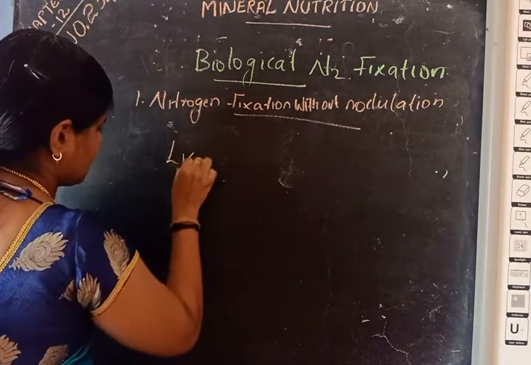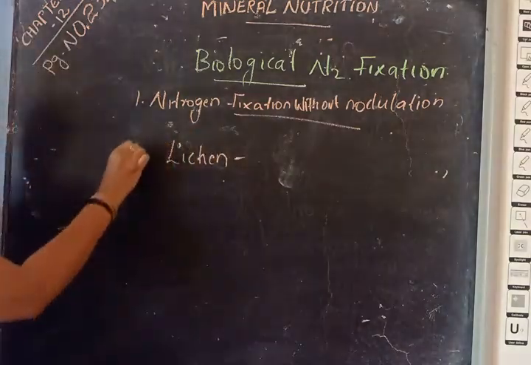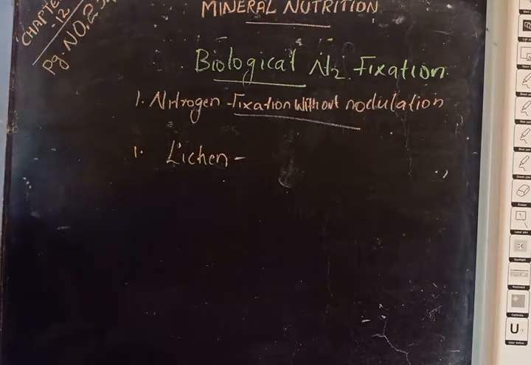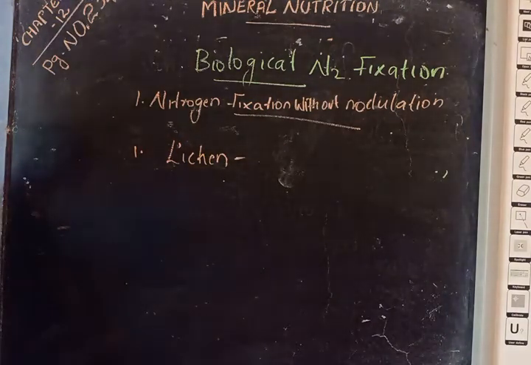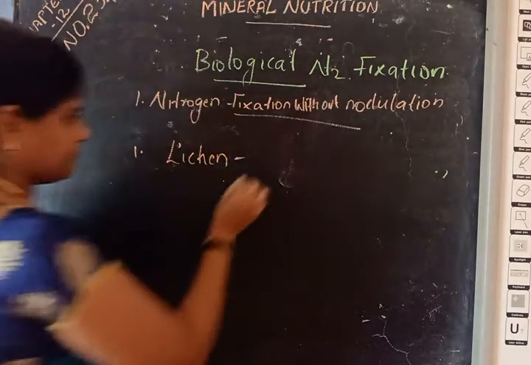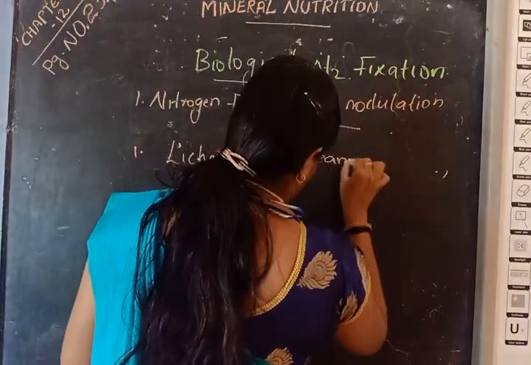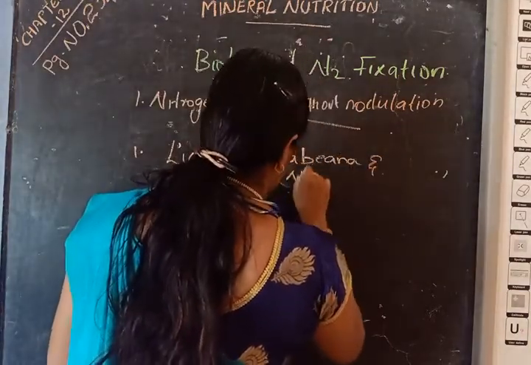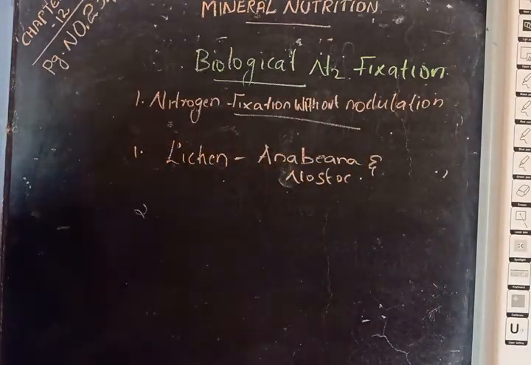We know lichen is a symbiotic association of algae and fungi. In lichen, Anabaena and Nostoc, that is the algal part, fix the atmospheric nitrogen.